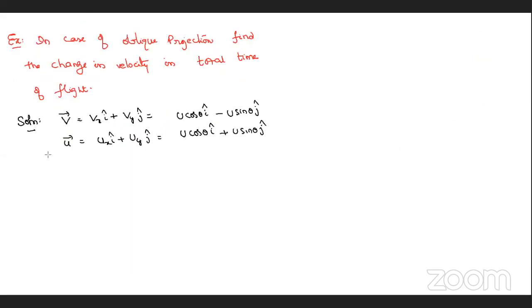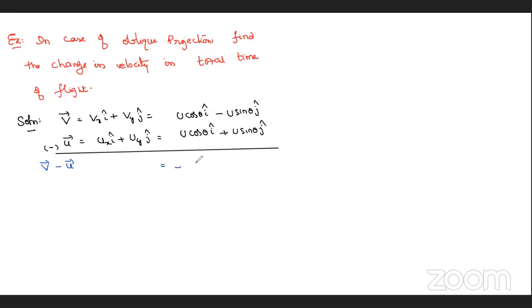Okay. So here, if I subtract these two, v bar minus u bar, he is asking what is the change in velocity. If I subtract, these two get cancelled, Nana. This positive also becomes minus.